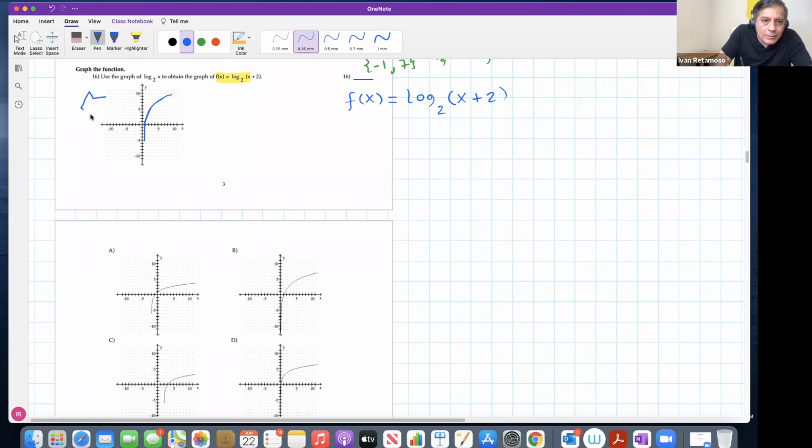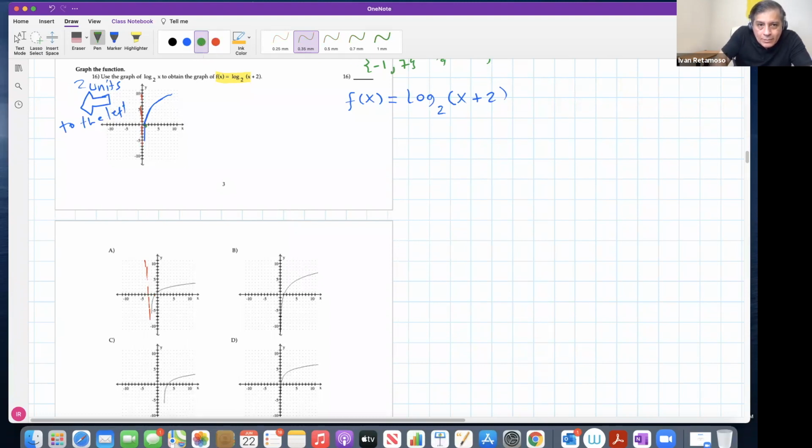Why 2 units to the left, Professor? Because this is how the horizontal shift works. It's counterintuitive, 2 units to the left. If you follow where the x-intercept and the vertical asymptote are going to go, it's going to be here. This is the vertical asymptote, and this is going to be the x-intercept.